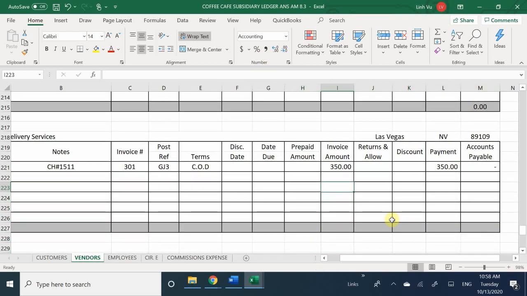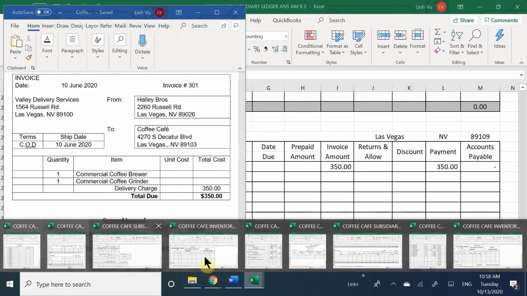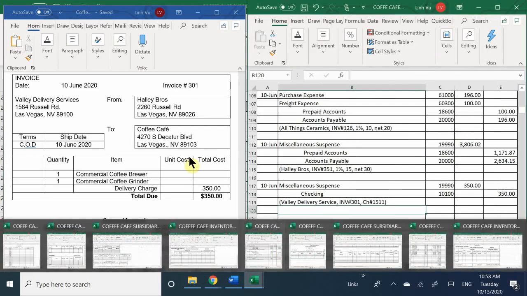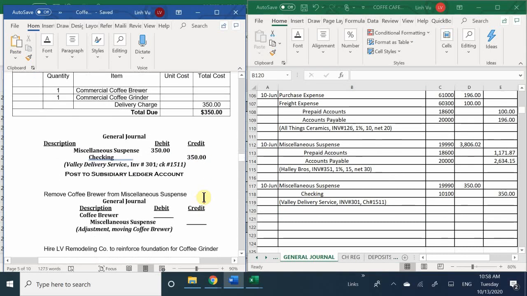Now we are completely done with this section of the scenario, this transaction. We're completely done, right?